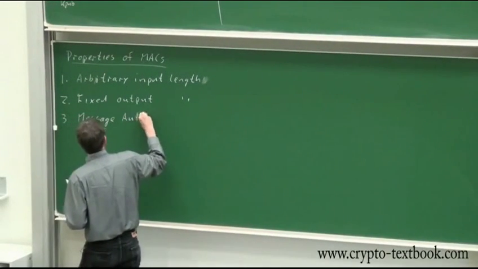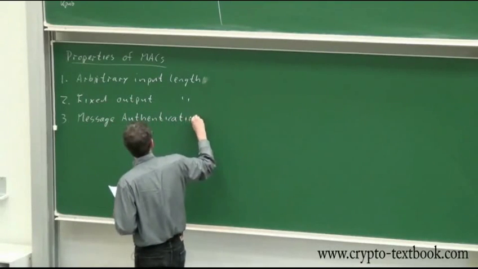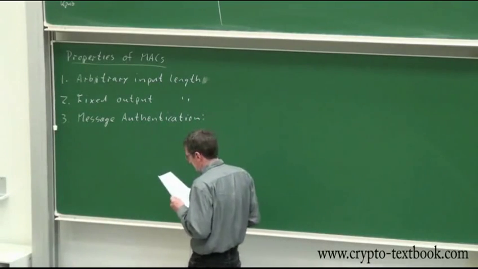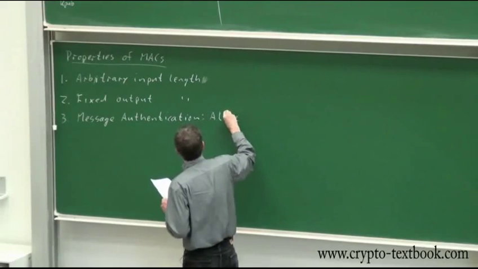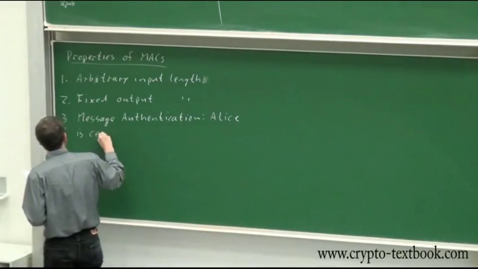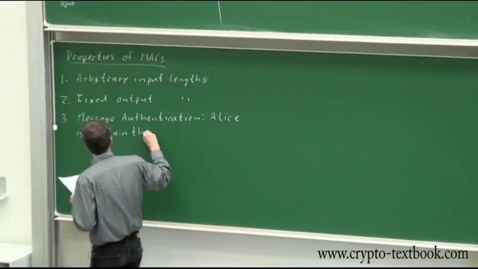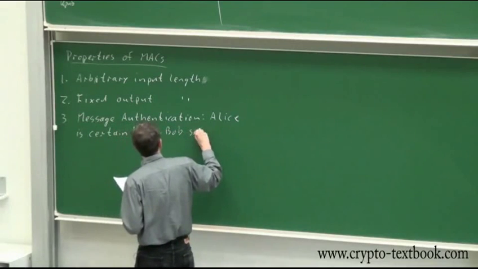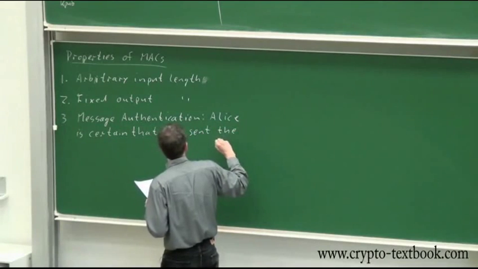Message authentication: Alice is certain that Bob sent the message.